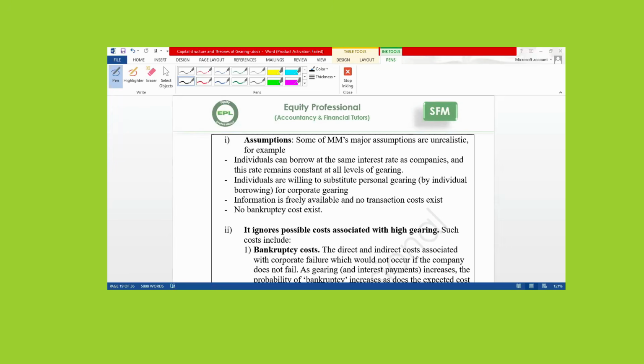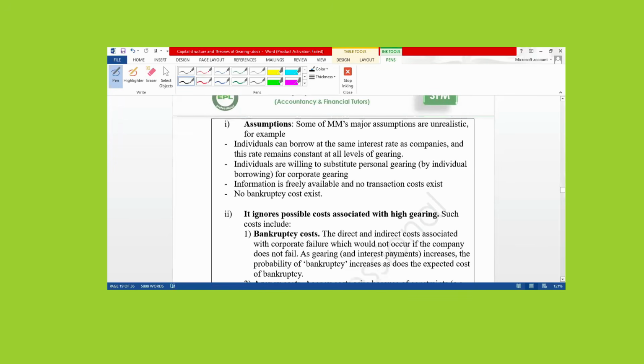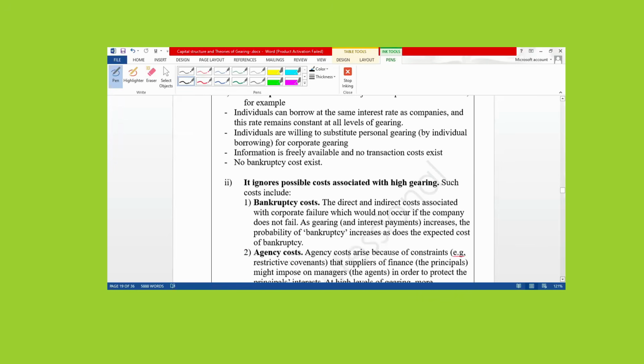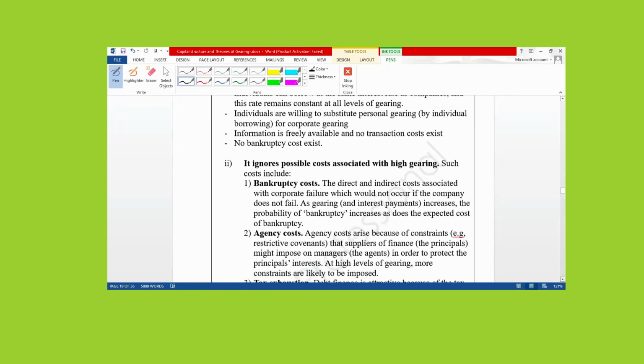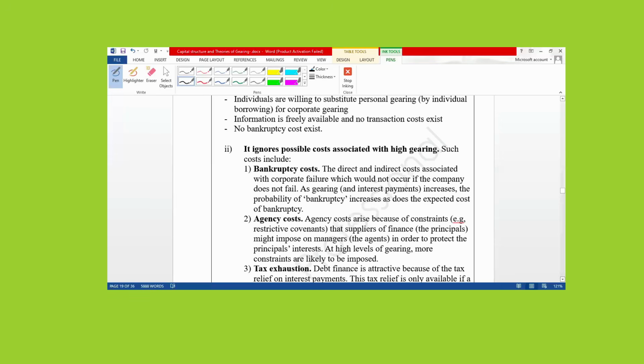What is bankruptcy? Where a company is forced into liquidation. Also associated with a high level of borrowing are agency costs.